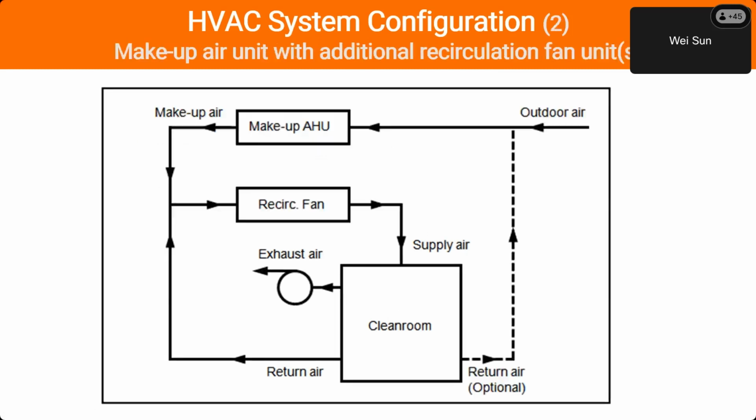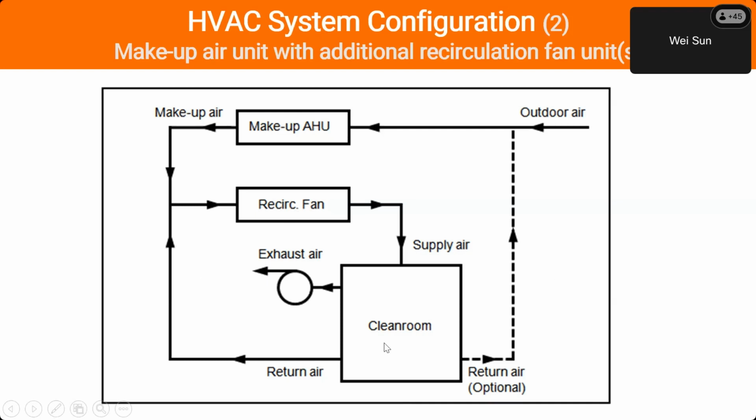And if you go level higher, 7, 6, 5, you may end up with a primary and secondary system. You have a makeup air. You draw the outdoor air. Provide heating, cooling, filtration. Then you pump the treated air into the recirculation loop.